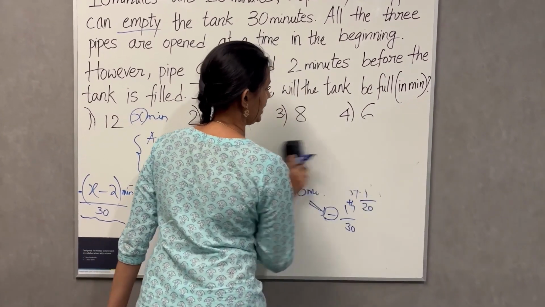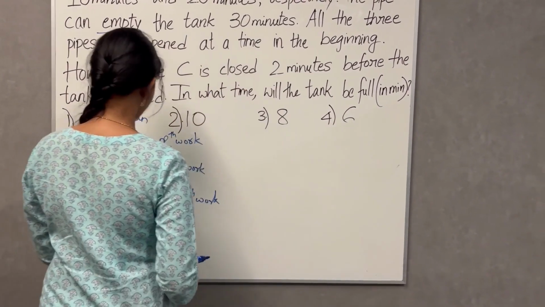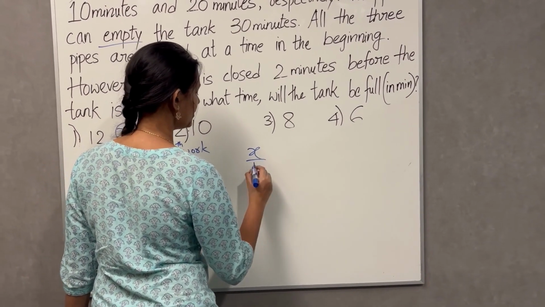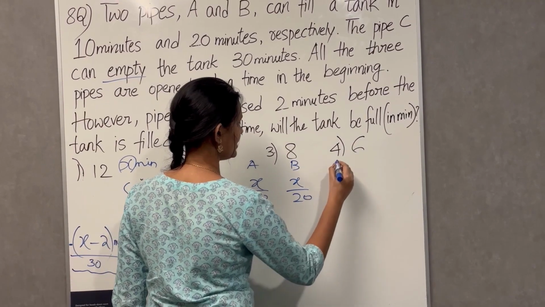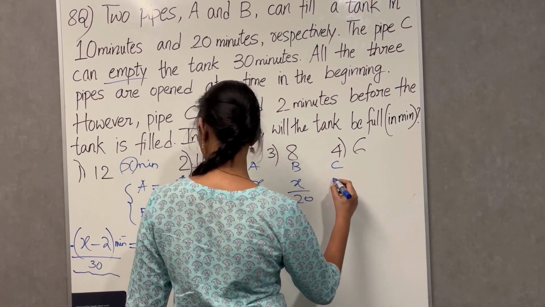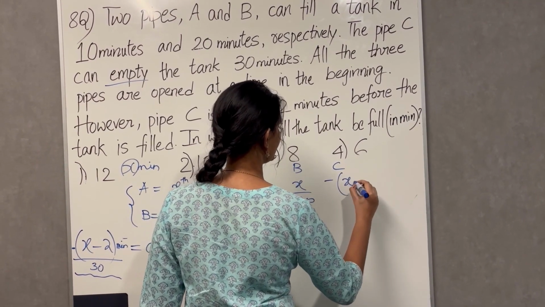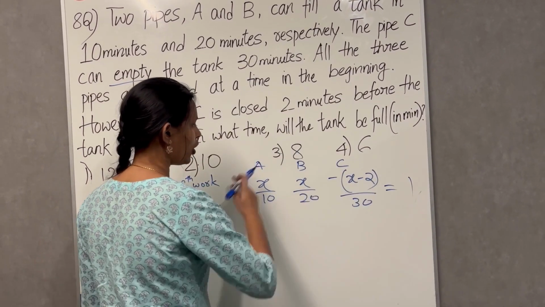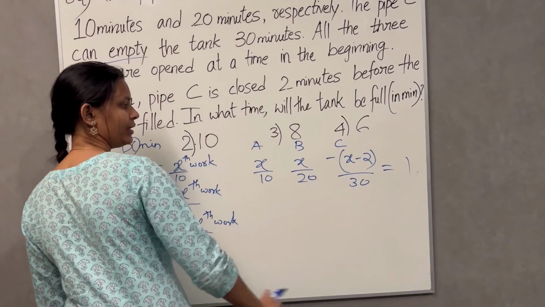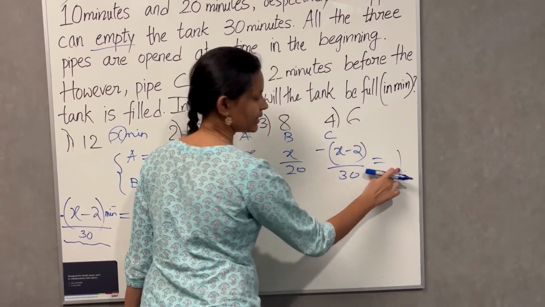Now we need to equate to 1. A work is X/10. B work is X/20. Whereas C work is minus of (X minus 2)/30 equals 1 work. They are all together working on a tank to fill. That's why work is 1.